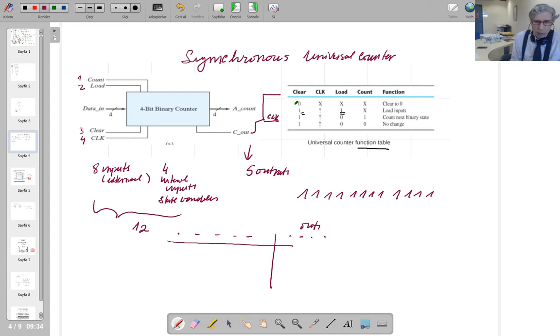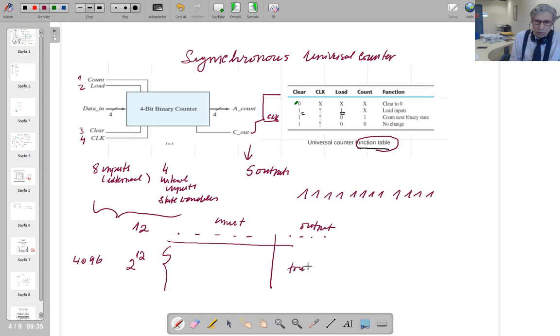So the number of rows that you're going to have is 2 to the power 12. That number is equal to 4096. So not easy to do that, isn't it? That's why we are using a function table rather than a truth table.